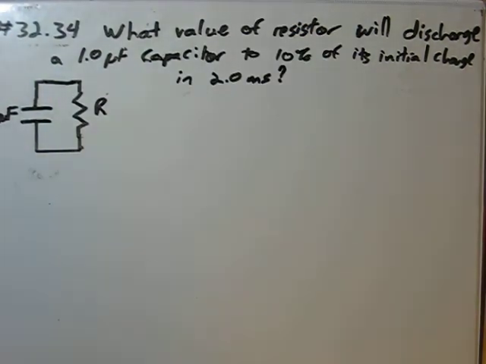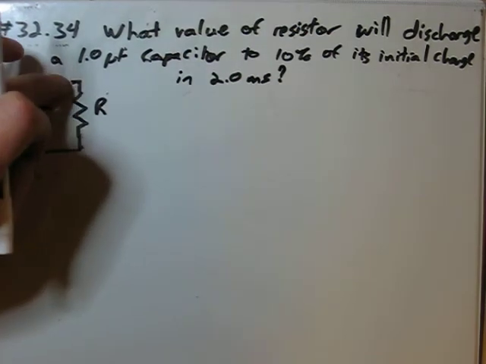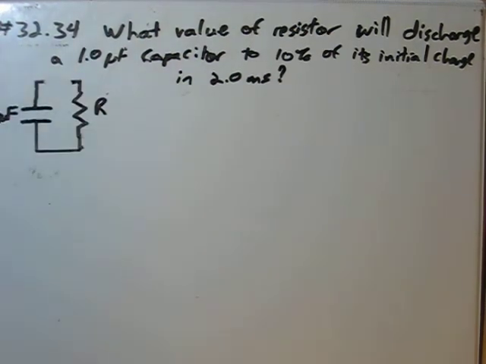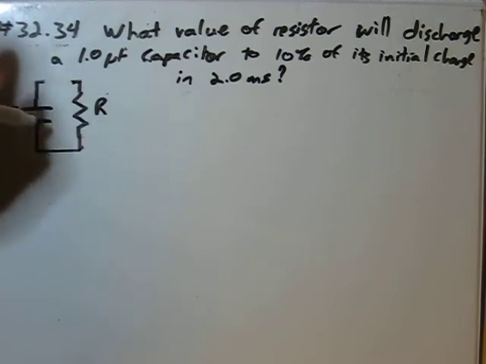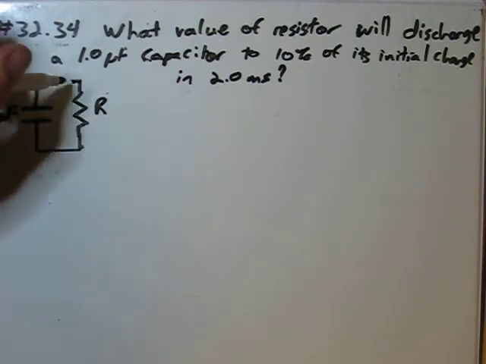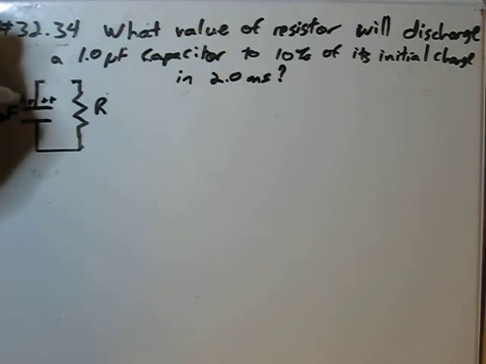Alright, so I drew a little circuit representing what it's asking here. Let's say we have this RC circuit of a capacitor connected to a resistor. I put a break in the wire here to look at our initial condition.